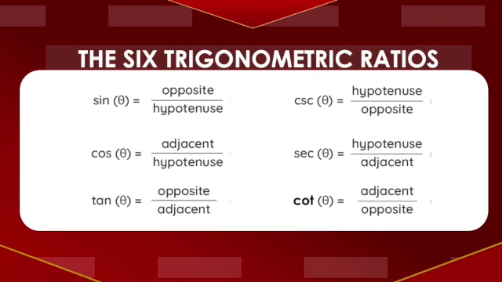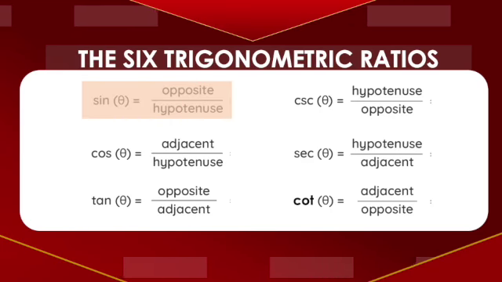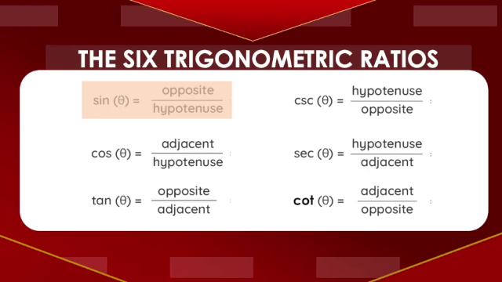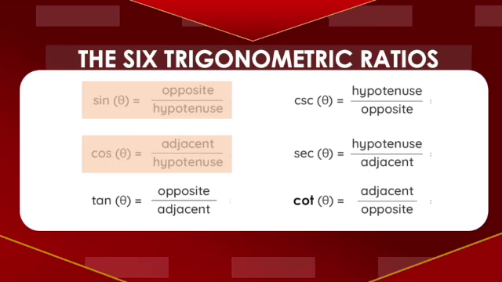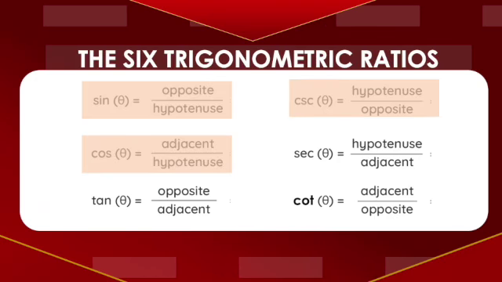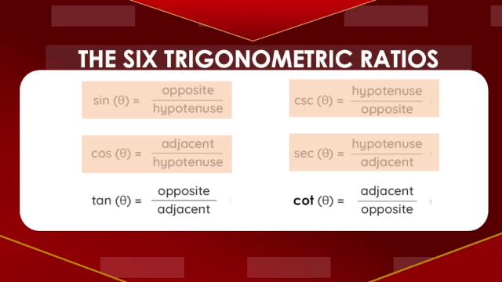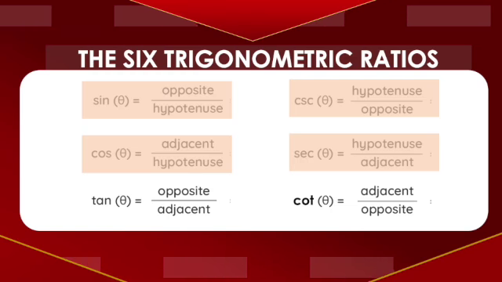Gawin natin ang process of elimination. Tatanggalin ko ang sine dahil meron siyang hypotenuse. Tatanggalin ko itong cosine, kasi that is adjacent over hypotenuse ulit. Wala tayong hypotenuse. Tatanggalin ko yung cosecant, kasi it's hypotenuse over opposite. And of course, tatanggalin ko din si secant dahil it's hypotenuse over adjacent.